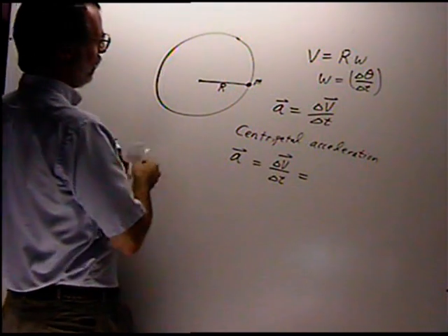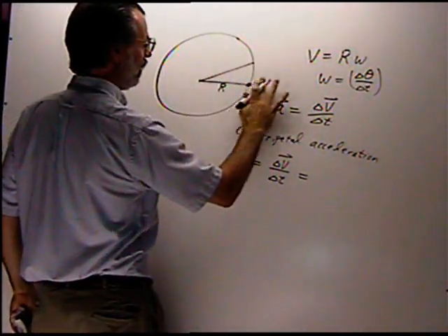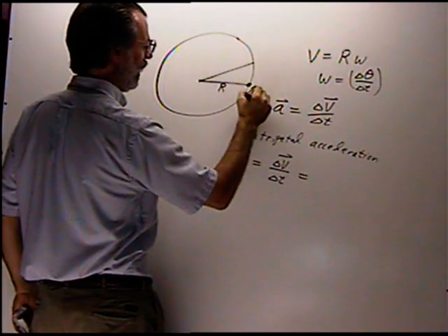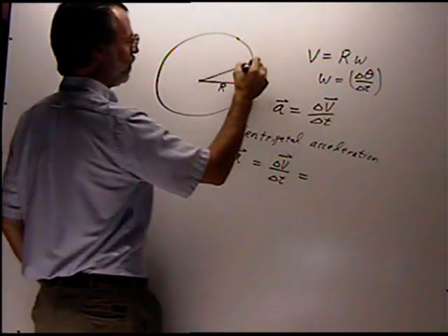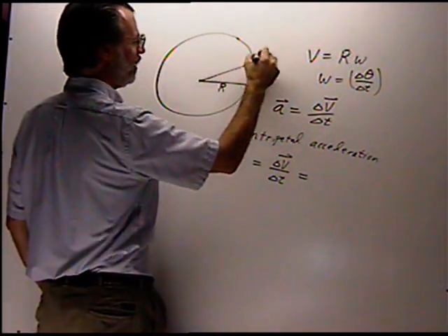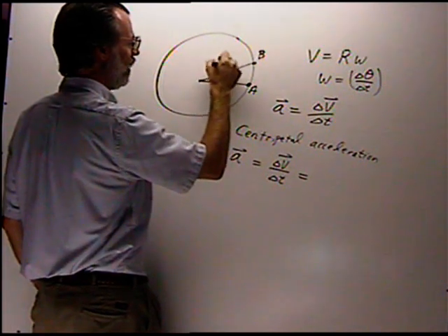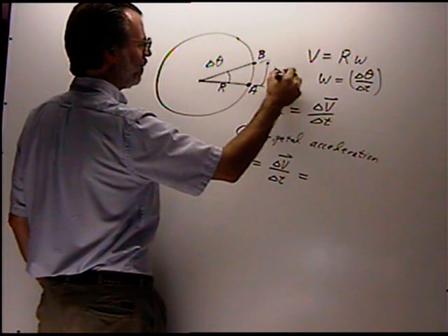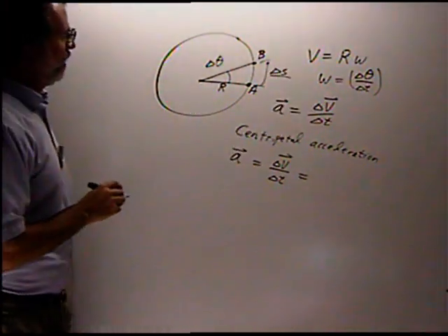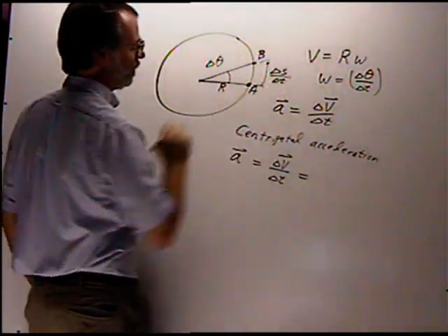Suppose I look at just a small arc. At this point, point A, for a split second, it goes from A to B through a small angle, delta theta, and we know that the arc length, like before, is delta S. Okay? And it does that in delta t, time.